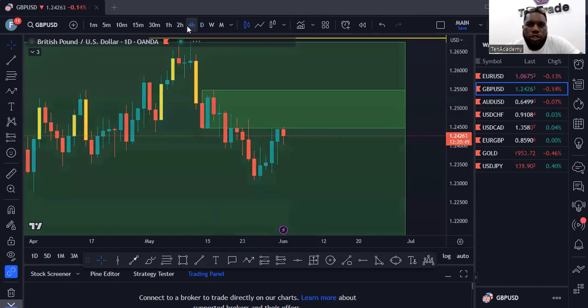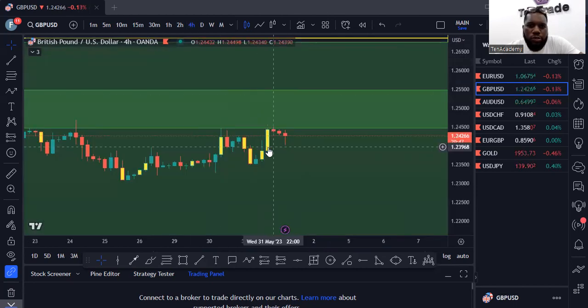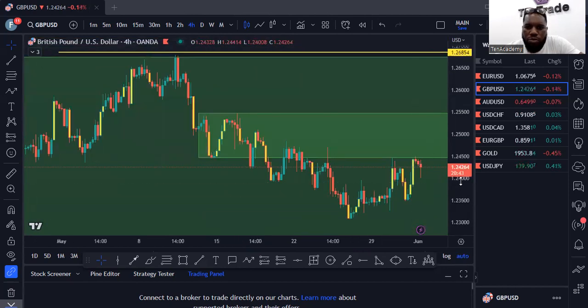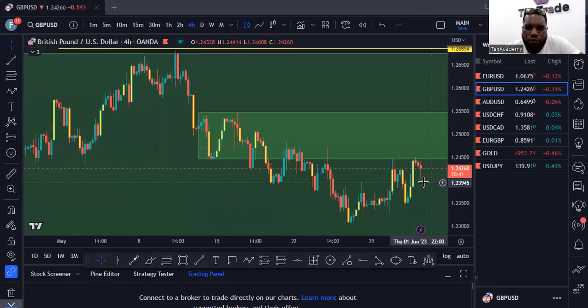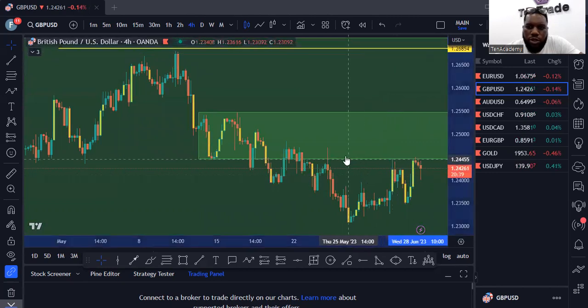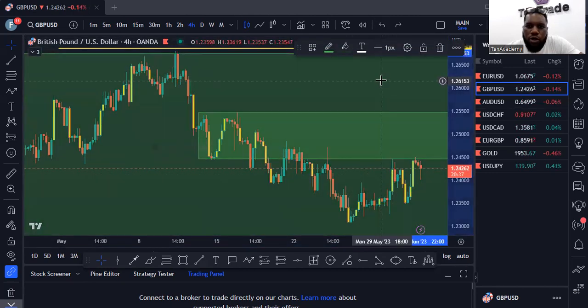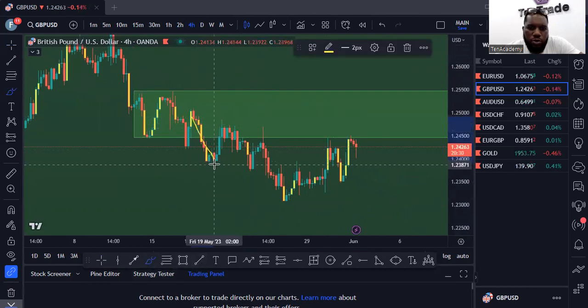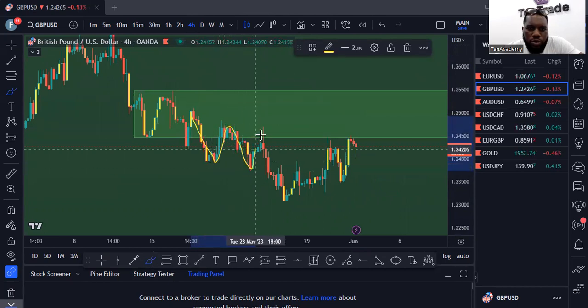Okay. Now, if you check it out, what is going on the 4 hour time frame? Are we seeing a bit of bullish momentum on a 4 hour time frame? Let us check it out. Okay. On 4 hours, what do we have going on? You can see price giving you impulse, correction, impulse, correction.